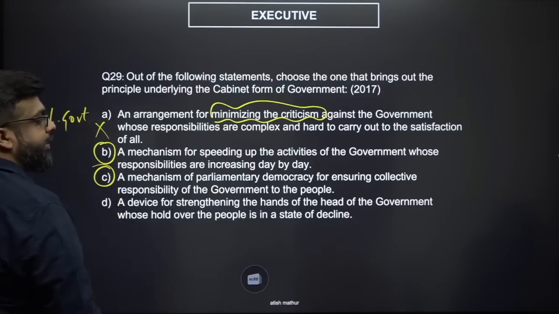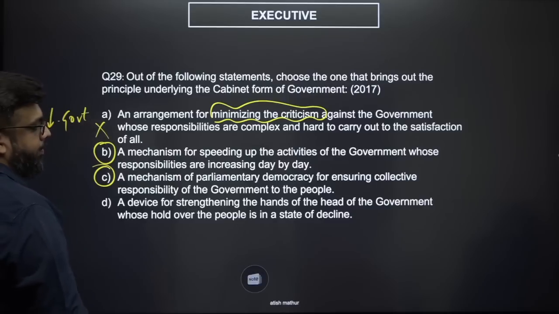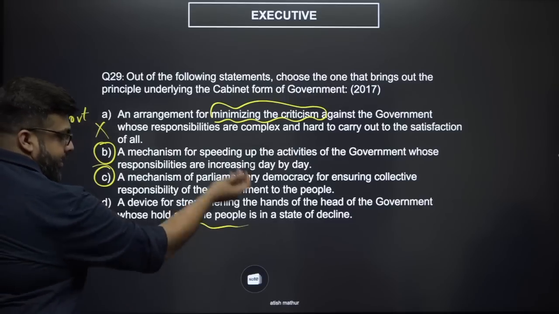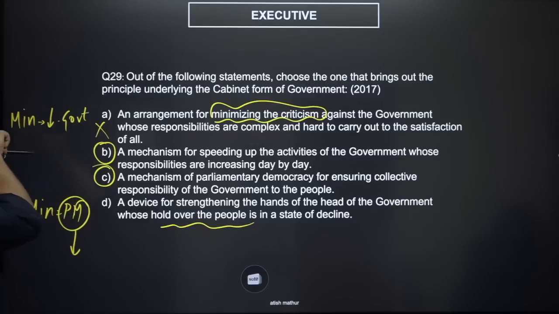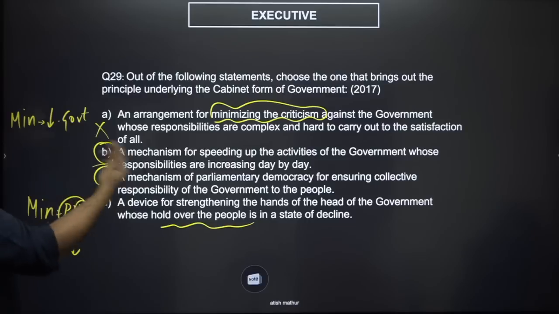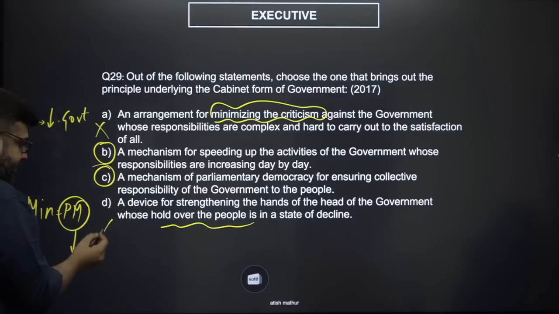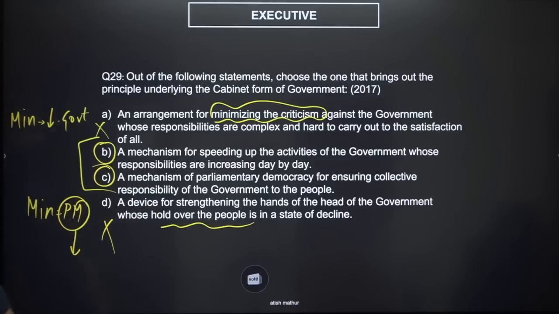A device for strengthening the hands of the head of government whose hold over the people is in a state of decline. So we have ministers to support the PM because the PM is not able to control the people anymore. So we need ministers to do that for the PM. That goes against the very essence of government in the first place. Now you're left with options B and C.